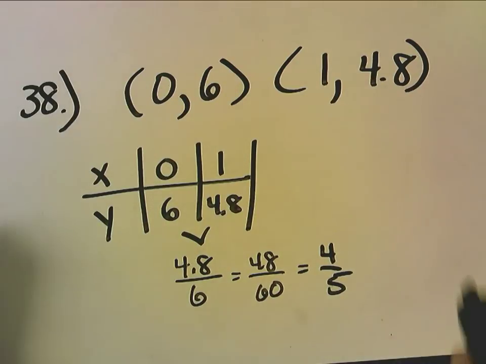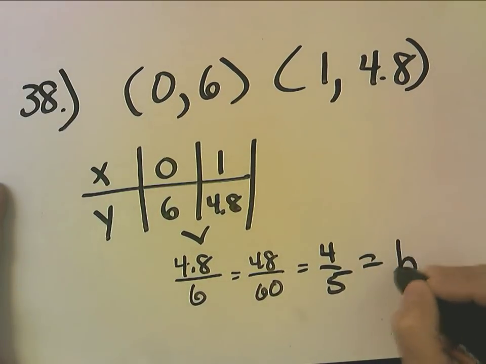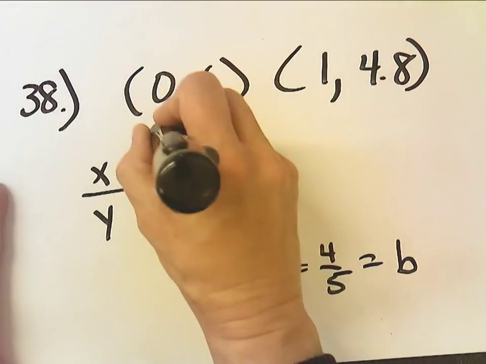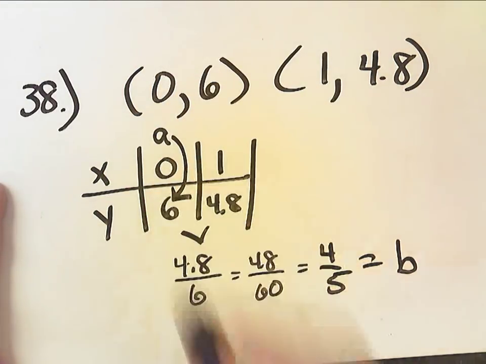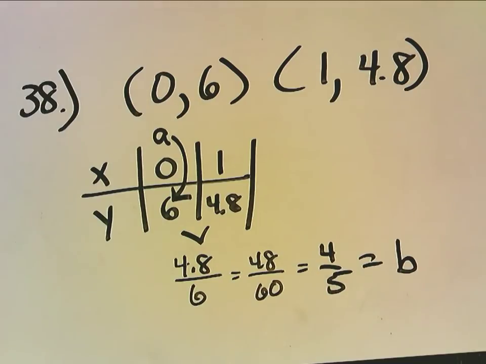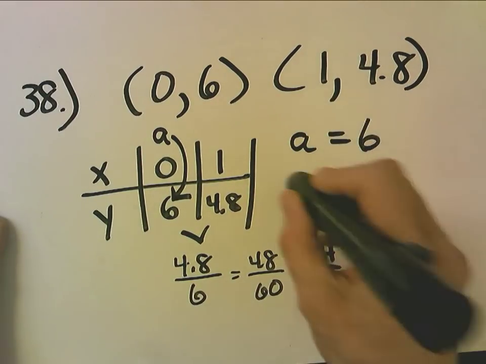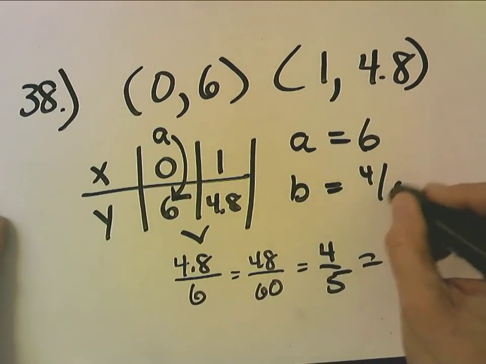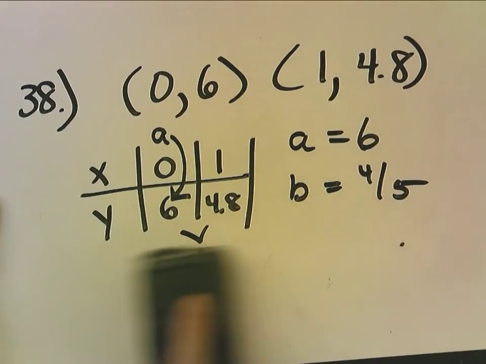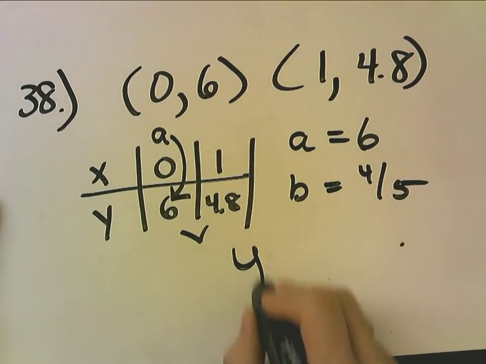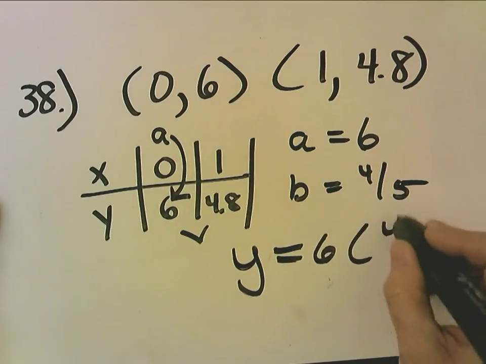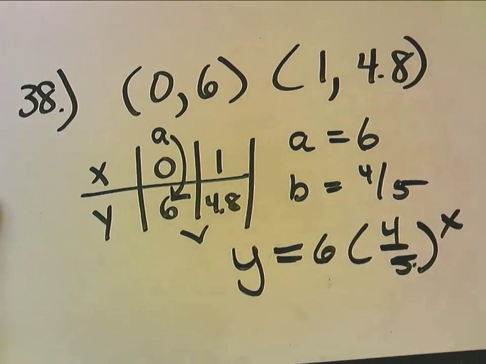But I know that b equals 4/5. I know that a is my y-intercept, so it's the value when x is 0, y is a. So if a equals 6 and b equals 4/5, then I know my rule is y equals 6 times 4/5 to the x. Okay, that's 38. Now let's look at 40.